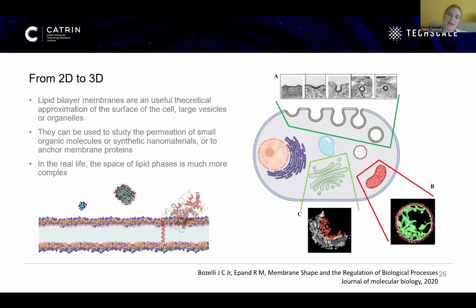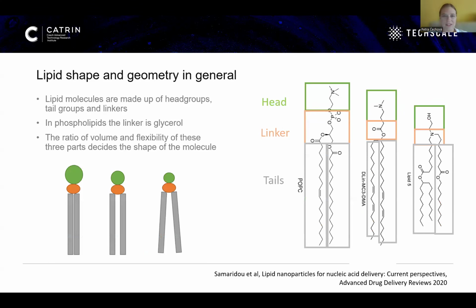So to move from bilayers to the 3D, we need to first go back to the basic structure of the lipid. In bilayers, the majority of lipids that build them are the ones that have more or less the same area of the head group and of the tails.